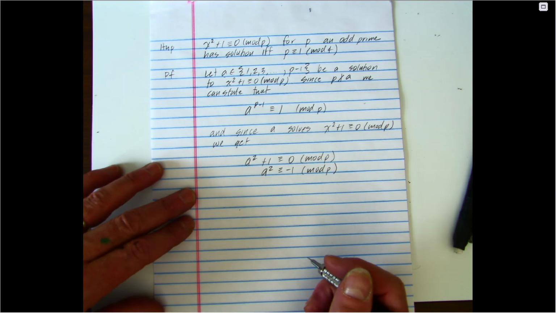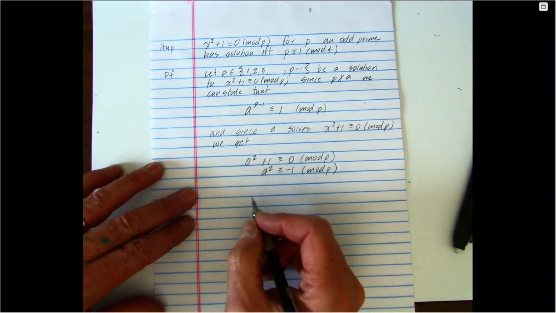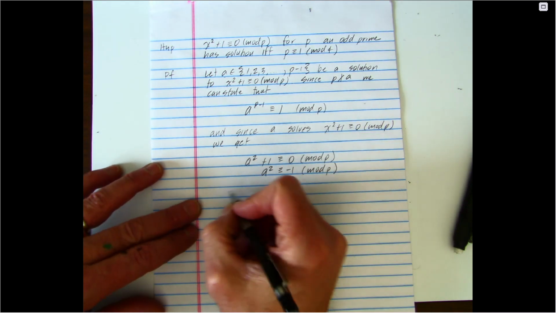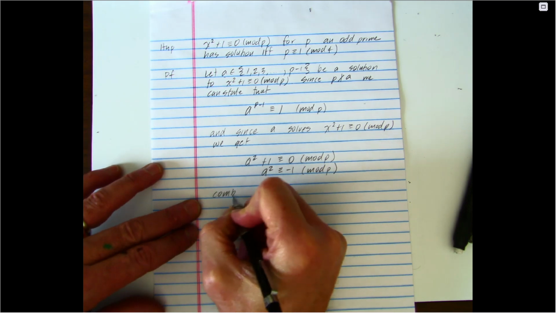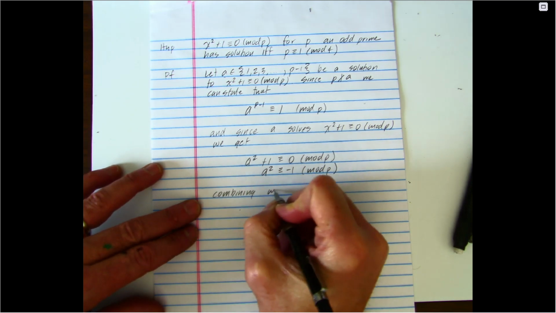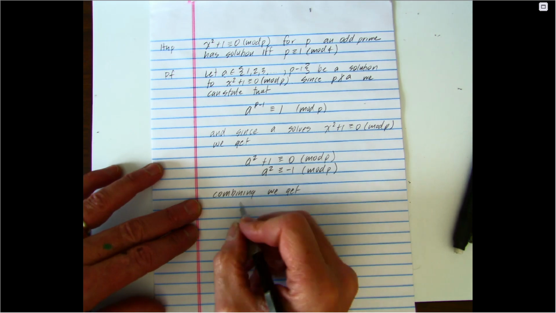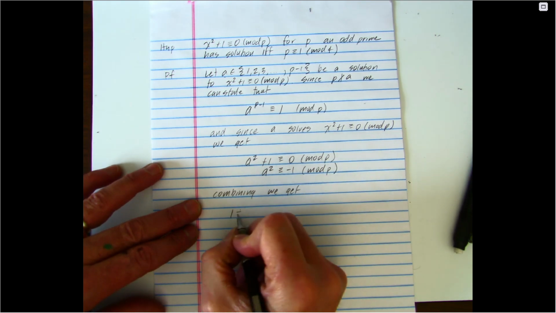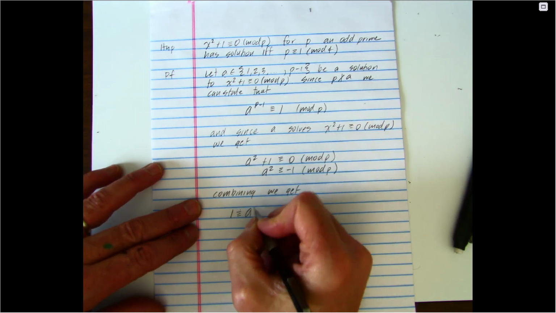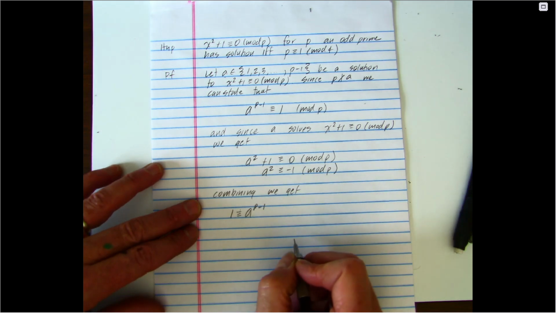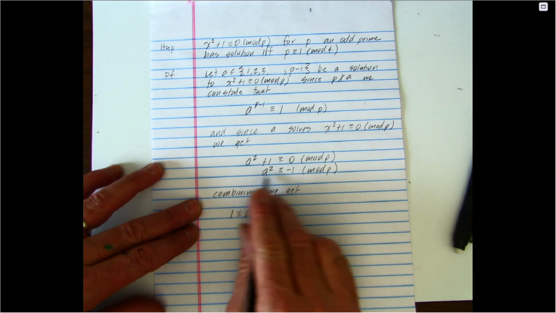We take the first congruence. So I'll just say combining, we get that 1 is congruent to a to the p minus 1. But I'd like to put some 2's, some squares in there.